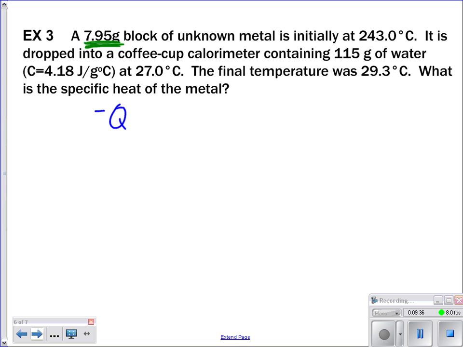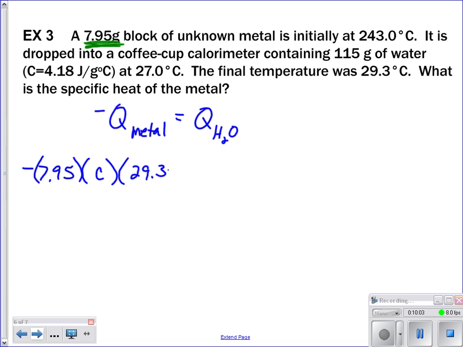So here we've got the negative heat loss. The heat loss, so negative Q value for your metal, is equal to the heat energy gained by your water. So we've got negative 7.95 grams times our specific heat, that's what we're going to solve for, times our change in temperature, so the final is 29.3 minus our initial of 243.